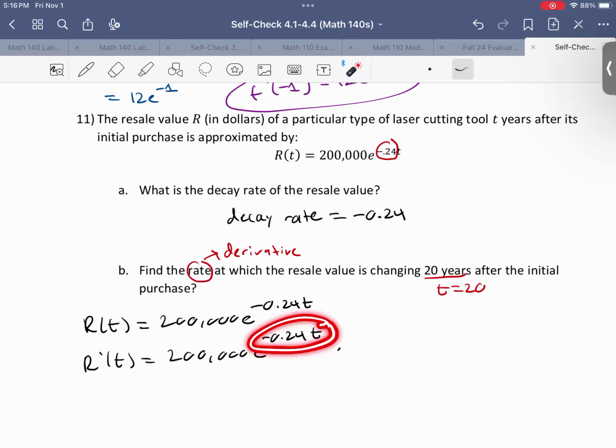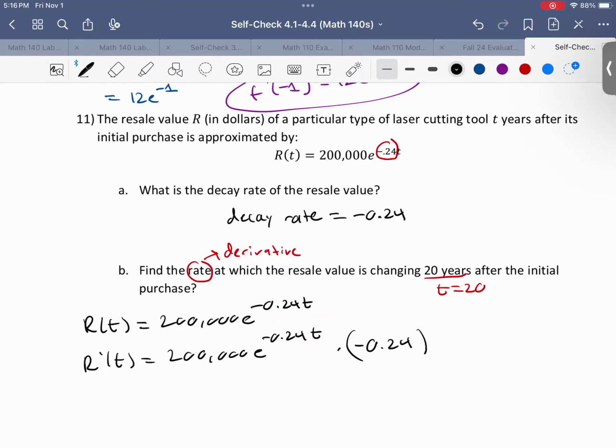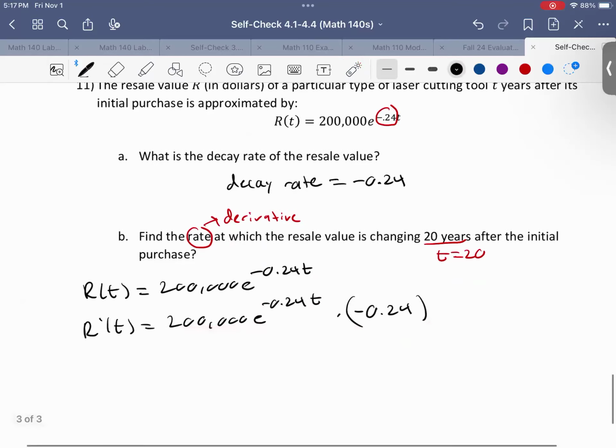So times -0.24 T. So that would just be -0.24. So combining this 200,000 and this -0.24, what I end up with is -48,000 e to the -0.24 T.